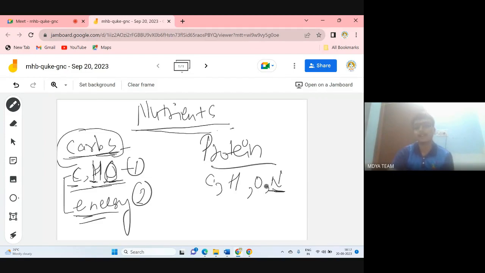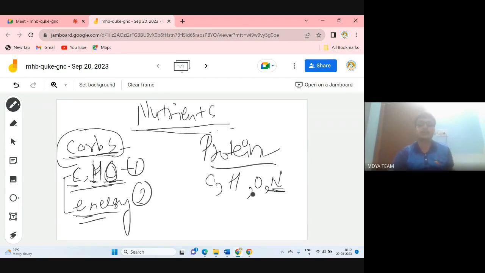Protein is the only group in our diet which contains nitrogen. If you have nitrogen deficiency or nitrogen toxicity in your body, that is only because of protein. Nitrogen is present only in protein, not in any other nutrient.